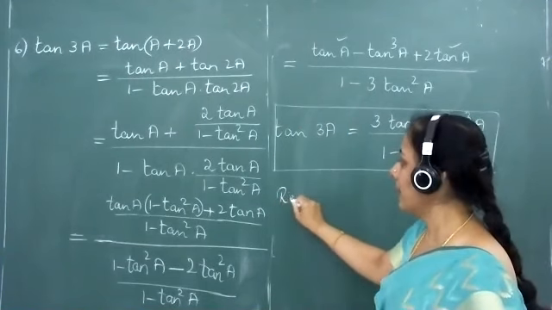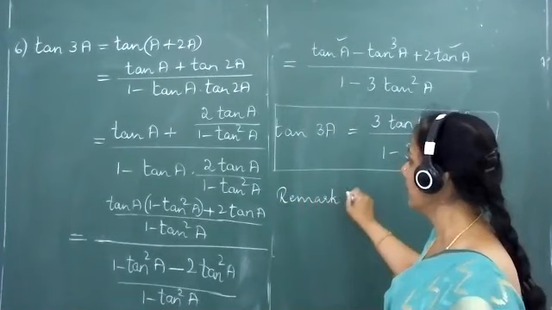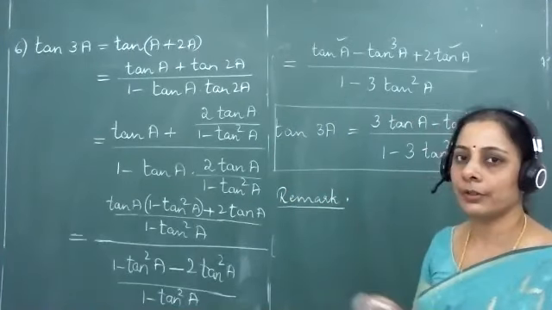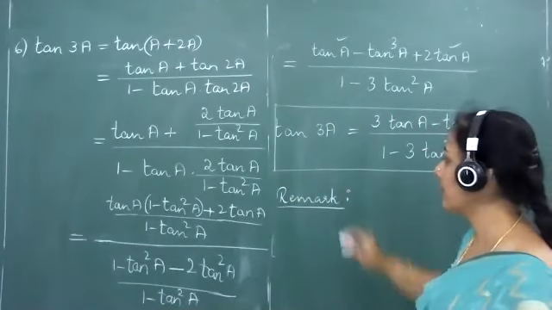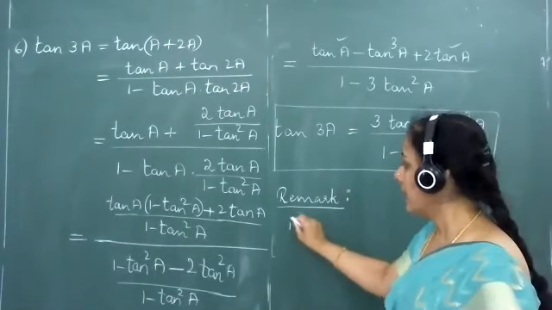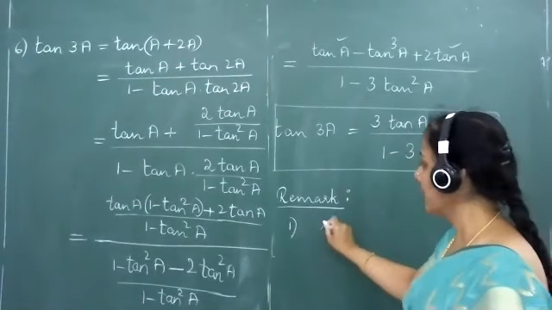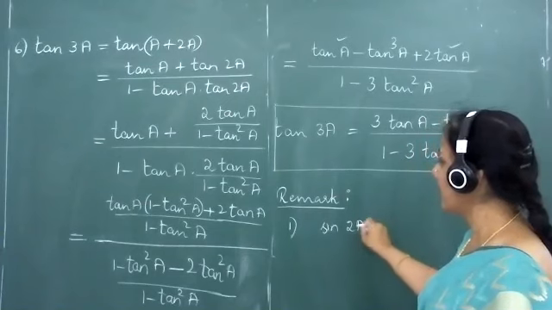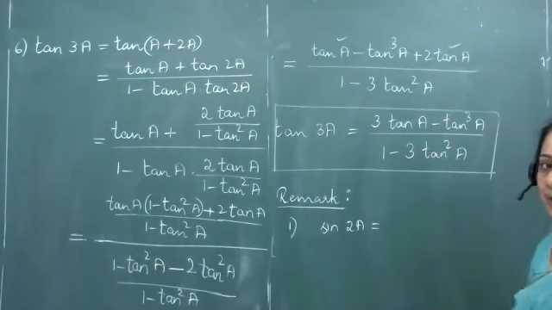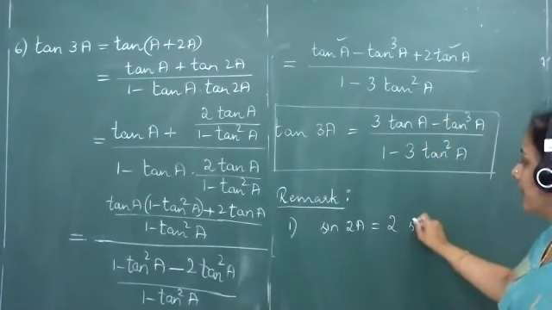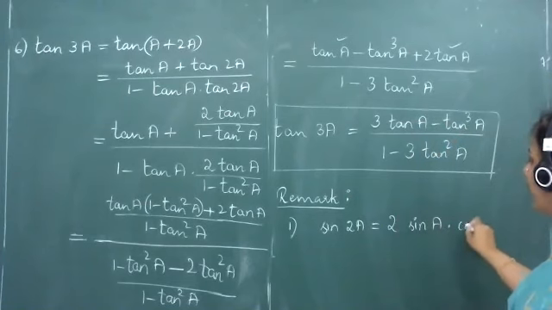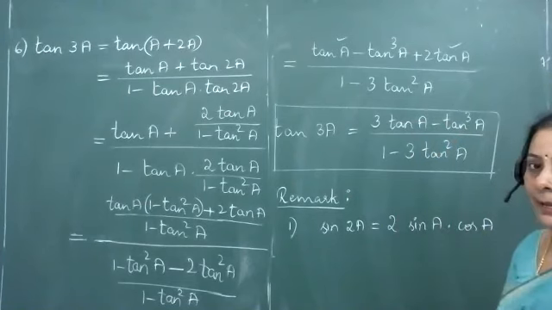Now we will take a remark. We shall use a remark here to learn few important concepts related to the same. I shall consider the first one. We have in the beginning of today's session learned that sin 2a is equal to 2 sin a multiplied with cos a.